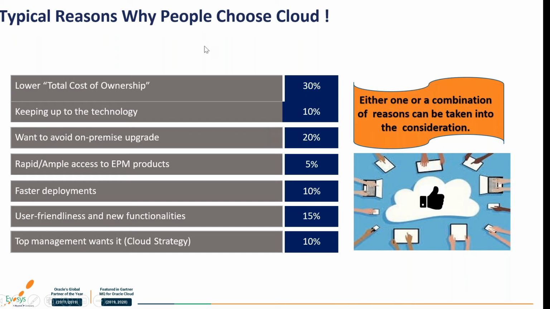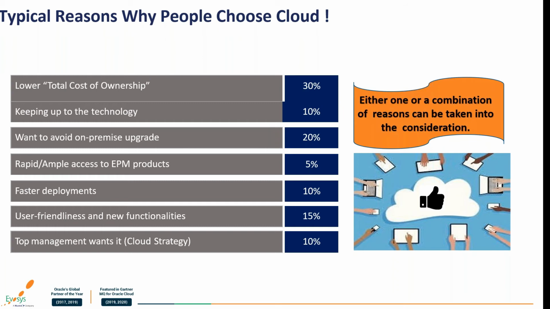It's a very simple mechanism now. You just pay for licenses of the product per user basis per month, and that's it. That's the only expense that you're spending on using Oracle Cloud. After that, you don't have to pay anything in terms of infrastructure or maintenance of the application or upgrades and support.